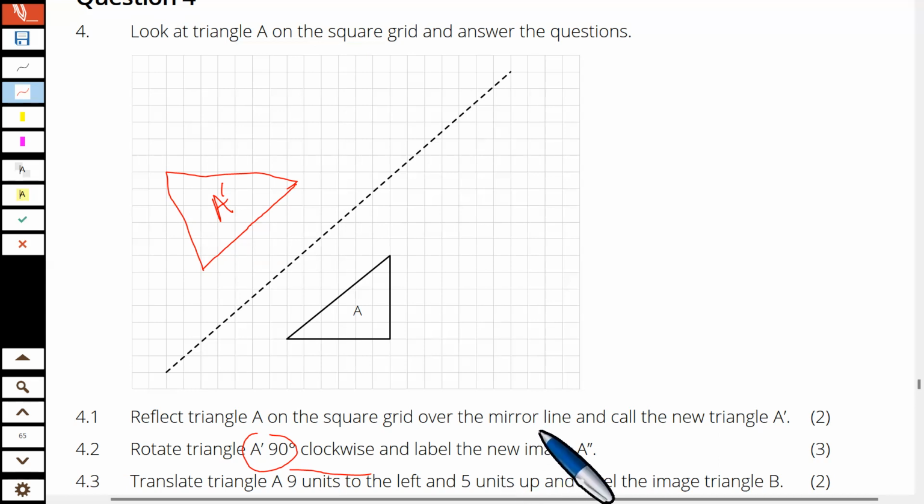Right, so if you rotate it 90 degrees clockwise, maybe you take this, you mark this vertex. And you start rotating it 90 degrees clockwise, then you have to rotate like this because that will be 90 degrees clockwise. Right, so if you rotate it 90 degrees clockwise, it's going to be rotated in that manner.